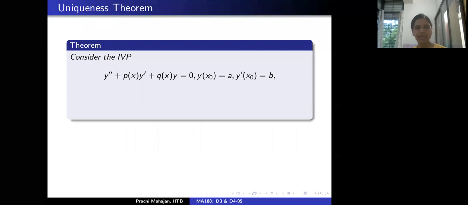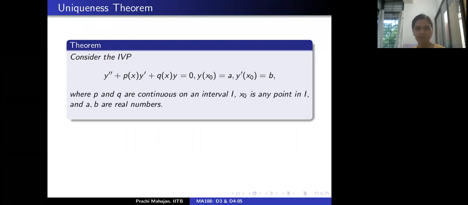So let's look at the uniqueness result. This is much like what we stated for first order linear ordinary differential equations in standard format. So what does the theorem say here? Let's consider the following initial value problem.